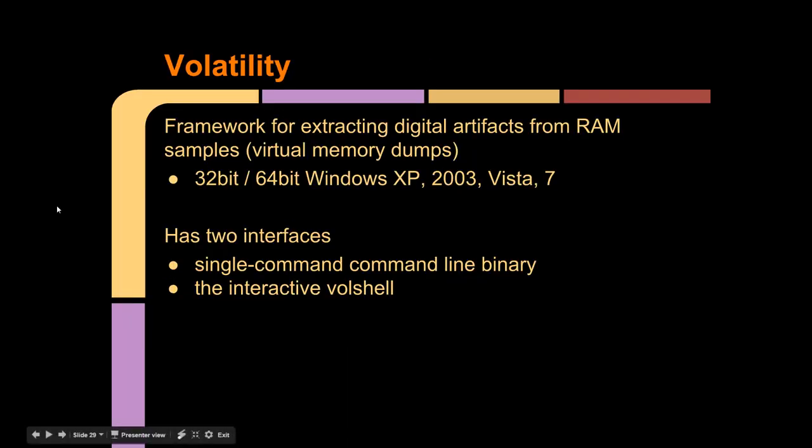Volatility is a framework for extracting digital artifacts from RAM and memory dump samples, and it's extremely useful to have your systems on your network using virtual machines, where you can just snapshot that stuff. You can even do it remotely.